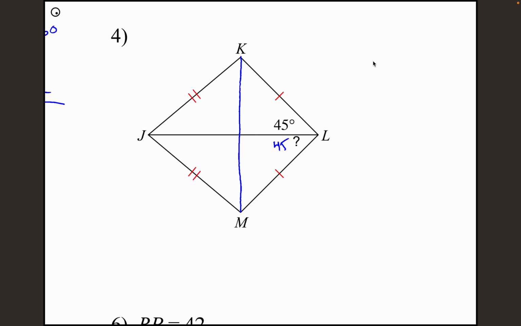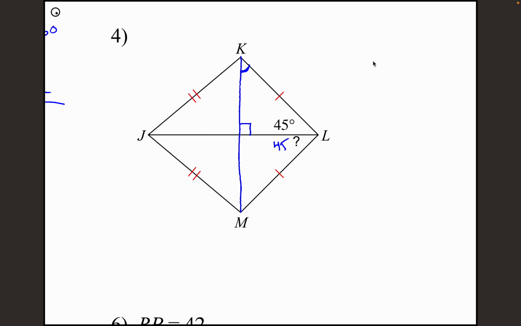Now, what if I said, find this angle, K, of LKM, this one? Anyone have an idea of how we could find this angle? It is 45. But how do we know that? Yeah, listen to Jordan.